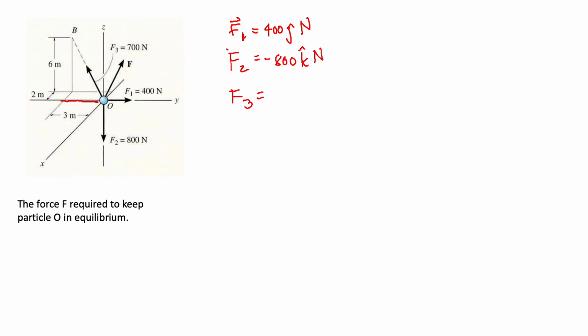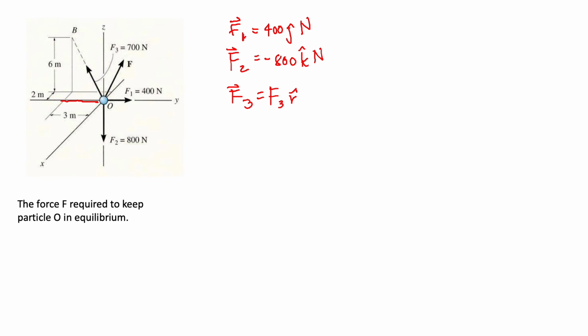So to get the vector F3, we multiply the magnitude of F3 times the r hat, or the direction of F3 in the ijk notation.